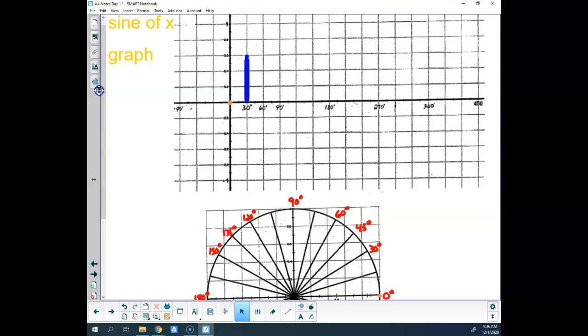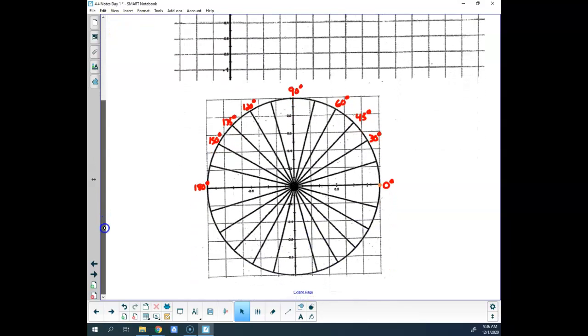Okay? Break it off though. Trust me when I say you got to break it off. Because now you're going to do the same thing at 45 degrees.